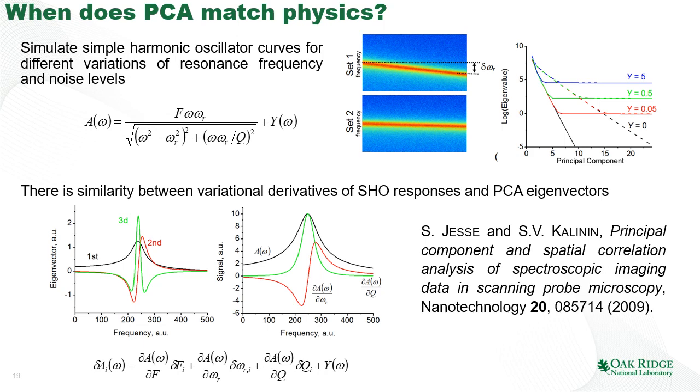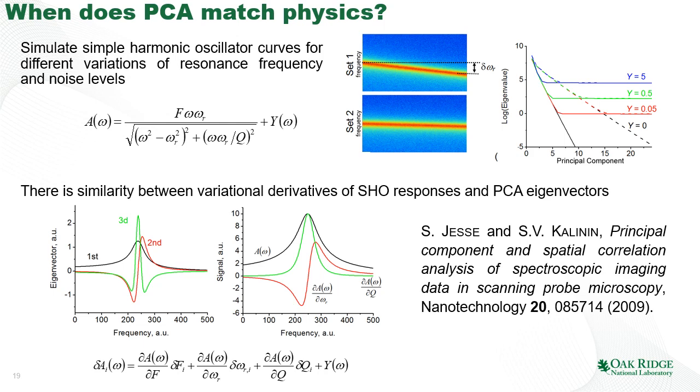And it turns out that if the variation of the signal within the image is very small, like in this dataset, the principal components look almost the same as the variational derivatives of the response function of the system.